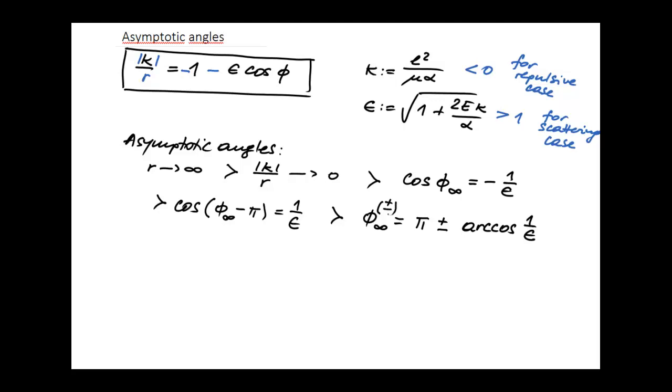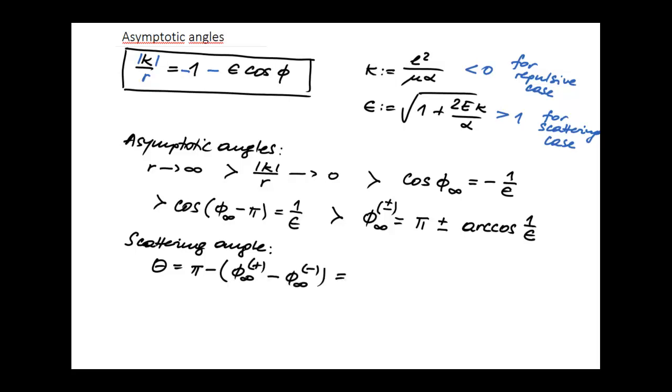Now remember the formula that we had on the previous page for the scattering angle. That was pi minus the difference of the two asymptotic angles.